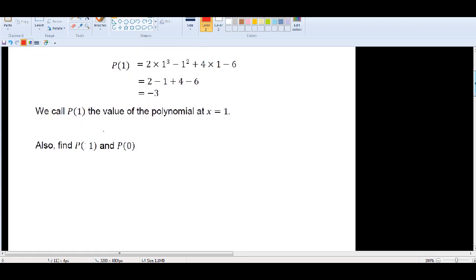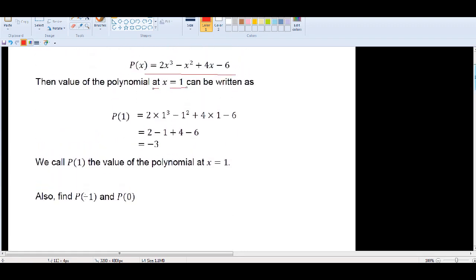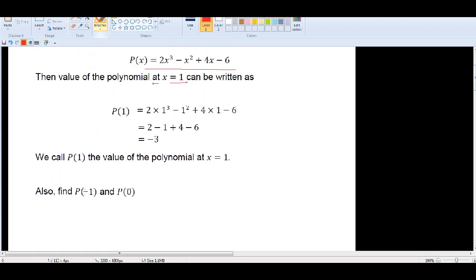Okay, let's use the same polynomial to do a little bit more. For example, we are going to do p(-1), to find the value of the polynomial at x equals minus 1.